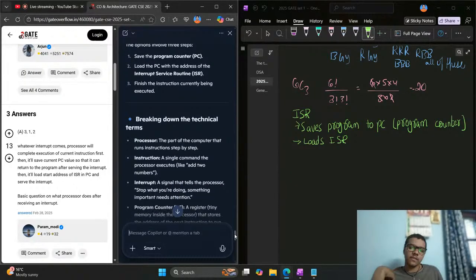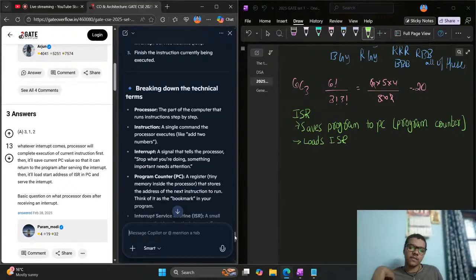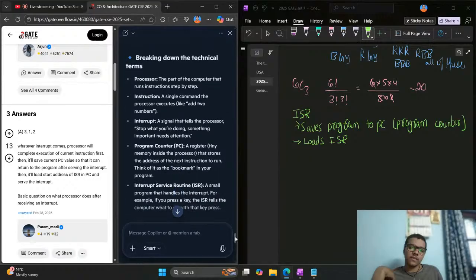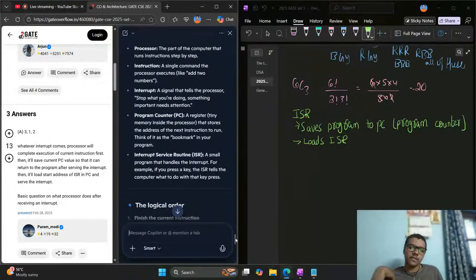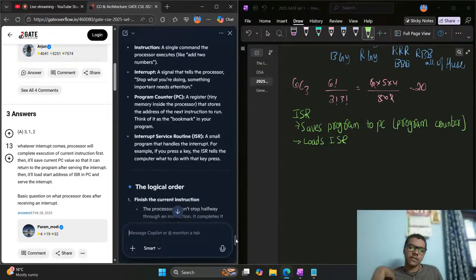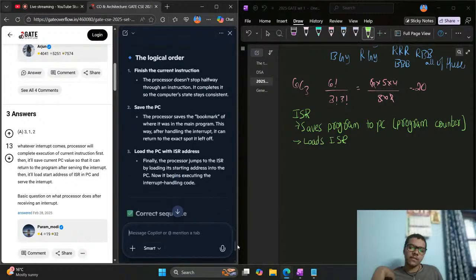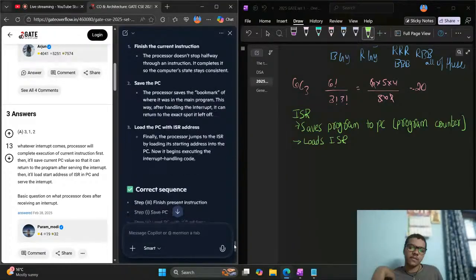The program counter register stores the address of the next instruction. The processor finishes the current instruction, then loads the ISR address.